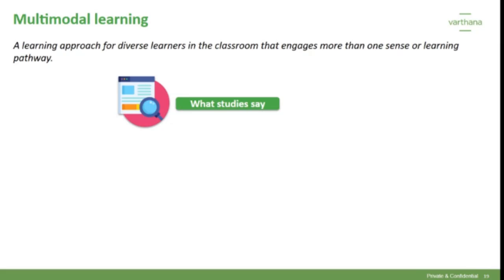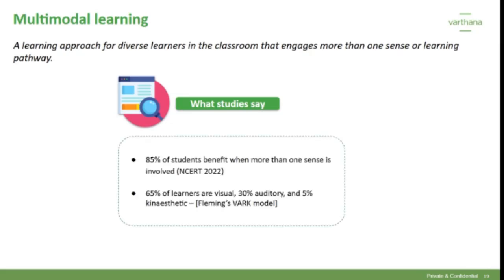And studies also support this approach: NCERT says that 85% of students benefit when more than one sense is involved in learning, like touching, doing things, hearing, watching, when they are doing things on their own.